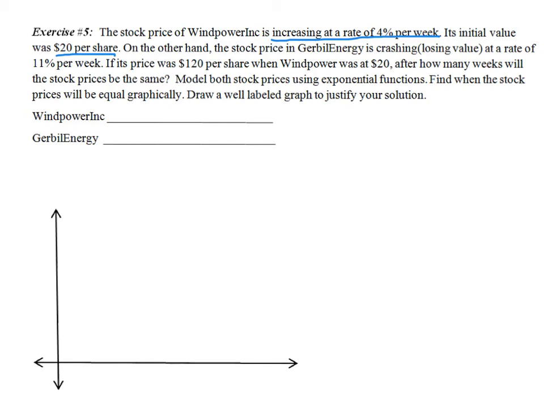So I'd like to write the equation for Wind Power Inc. My value of Wind Power Inc. is going to be equal to the initial amount, 20,000, multiplied by, because my rate is increasing at 4% per week, I'm going to say 1 gets added to 0.04, so 1.04, to the t, where t stands for the number of weeks.